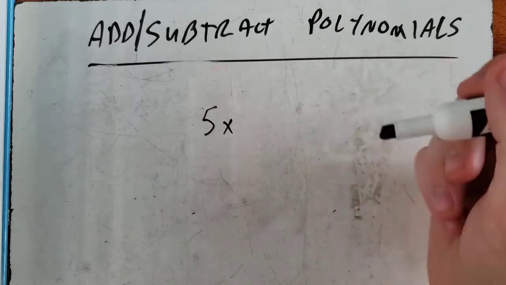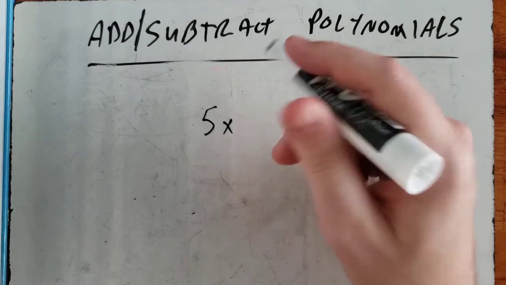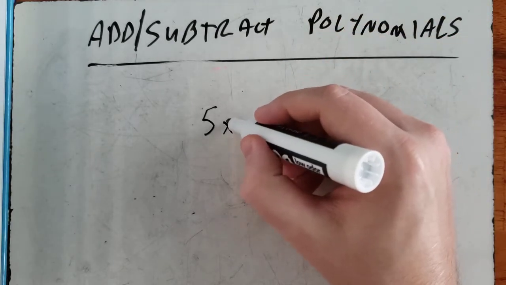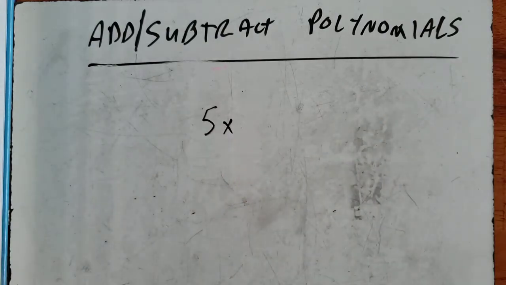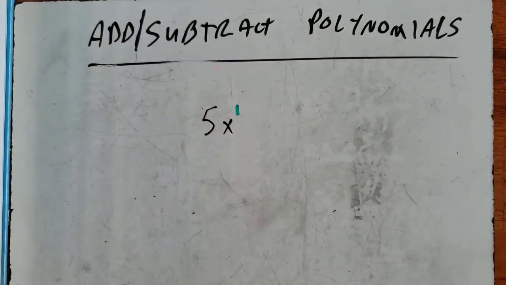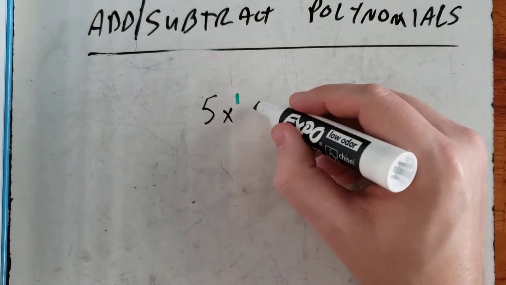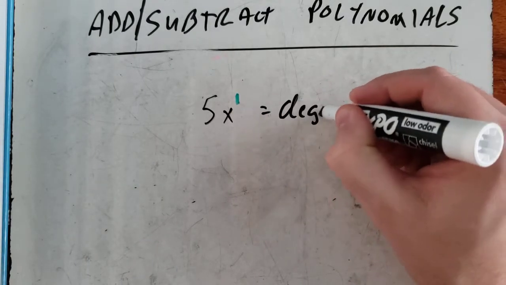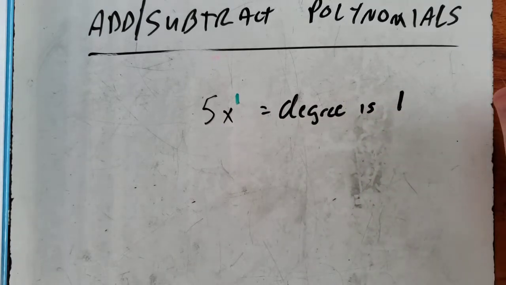Our degree is always whatever the exponents of the letters add up to be. If you have a letter x by itself, its exponent is always going to be 1. So if your exponent is 1 and that's the only thing you have, then your degree is 1.